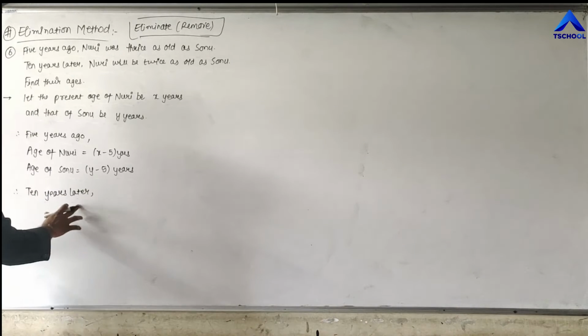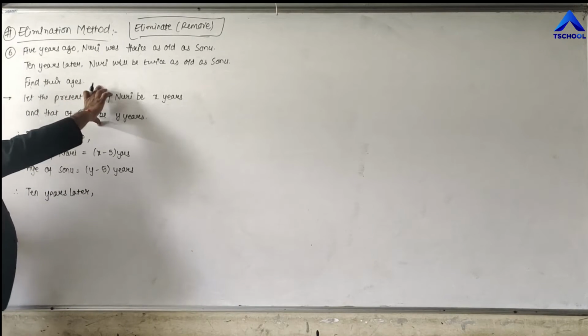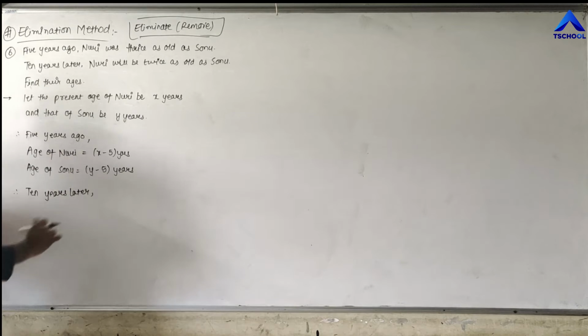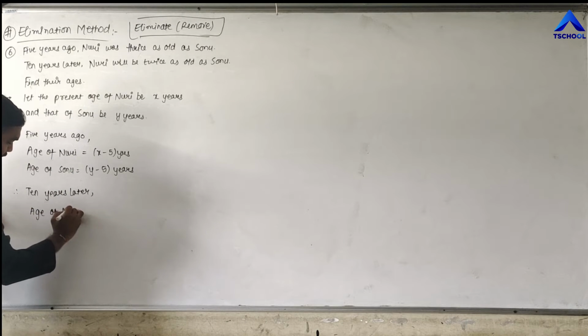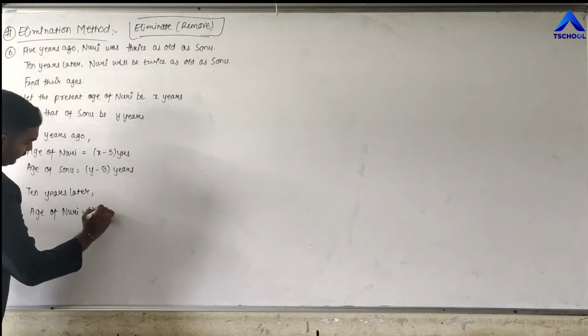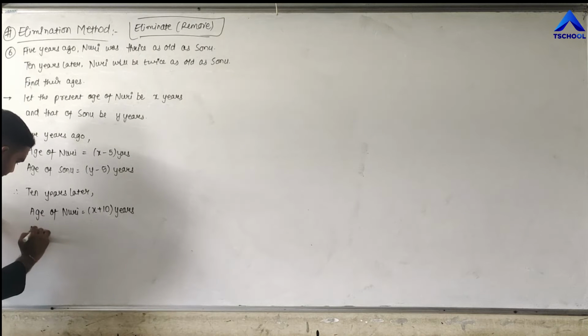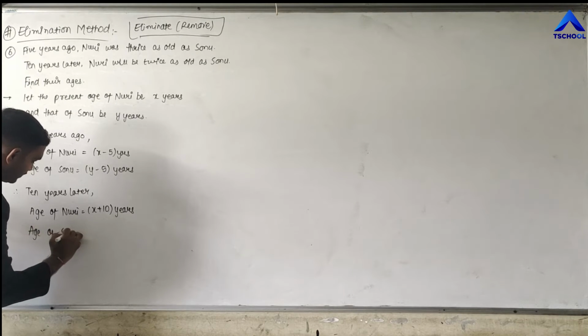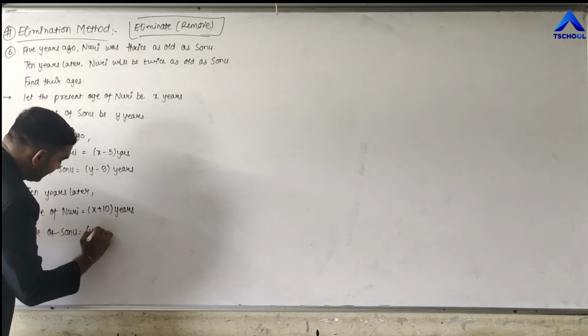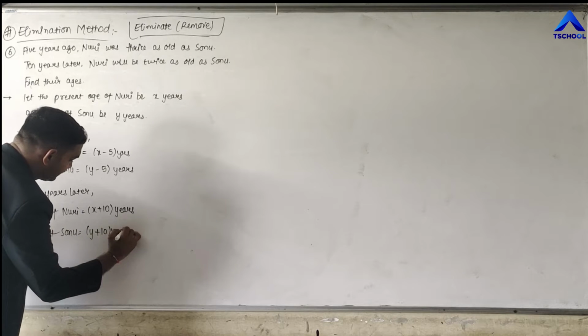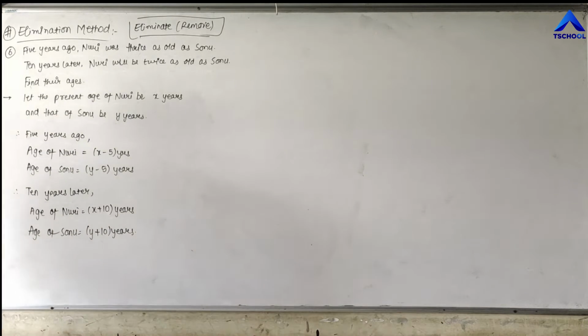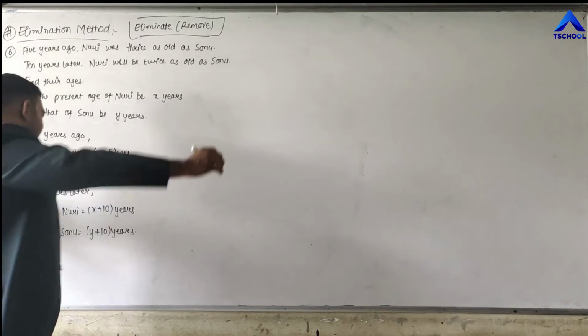So 10 years later, from the present condition we are going to move 10 years after. So age of Nuri will be x plus 10 years and age of Sonu will be y plus 10 years. So we got the ages of Nuri and Sonu before 5 years. We also got the ages of Nuri and Sonu after 10 years.